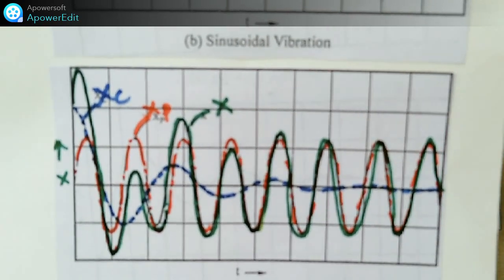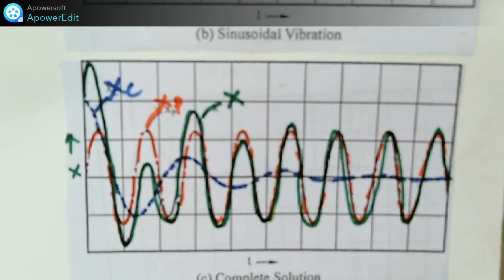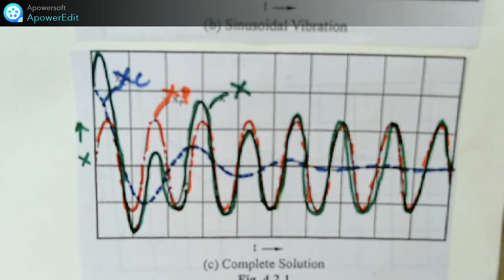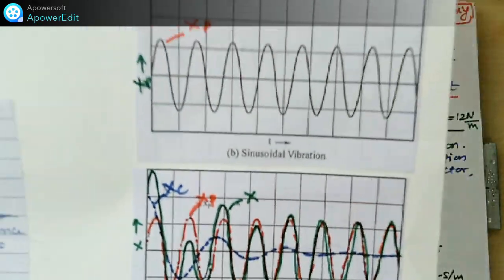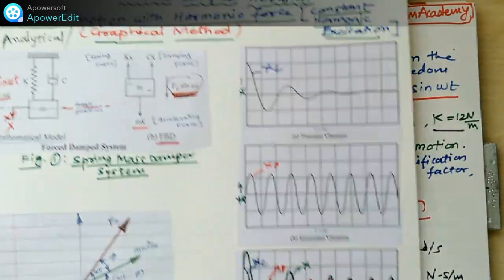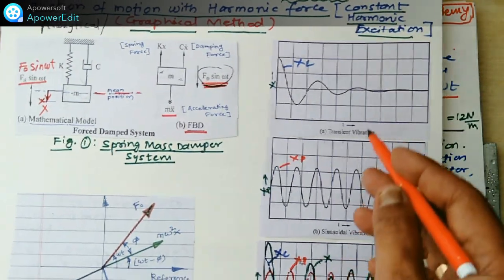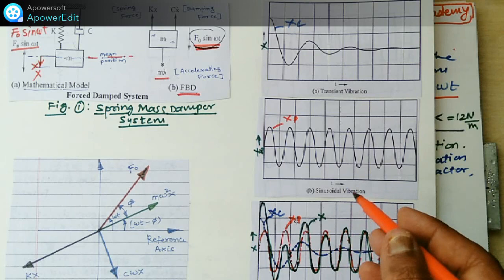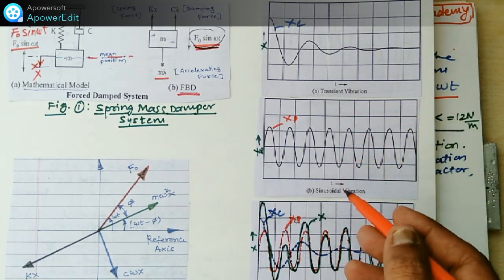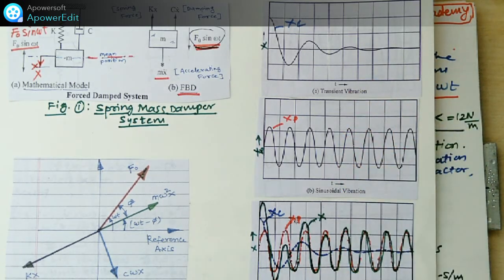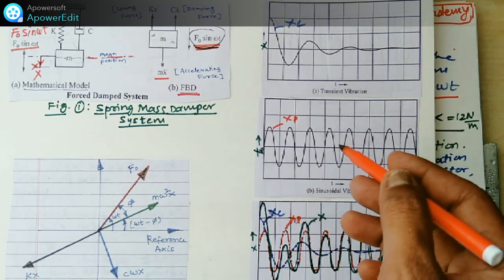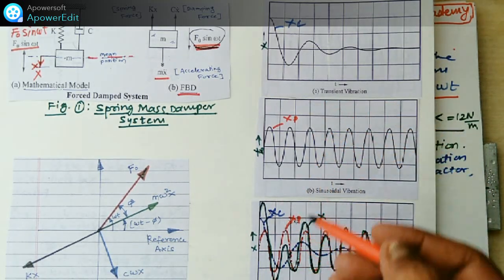Friend, these three waves represent the harmonic motion, and the addition of these two gives the solution represented by this graph. We obtain this graph by putting in a number of values, and we can draw the graph.